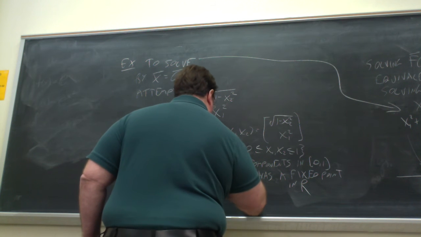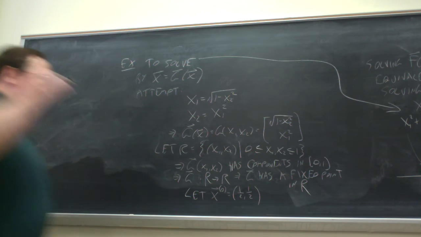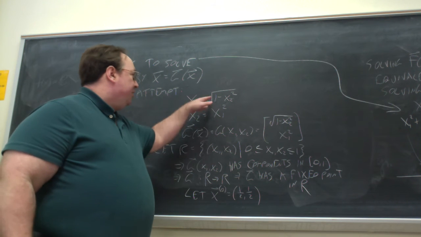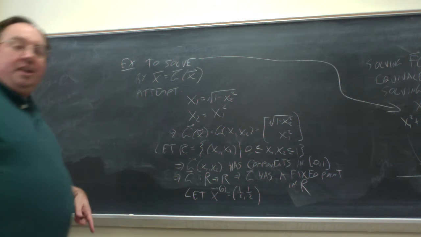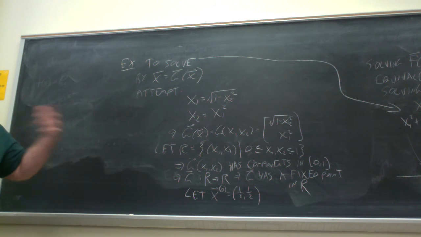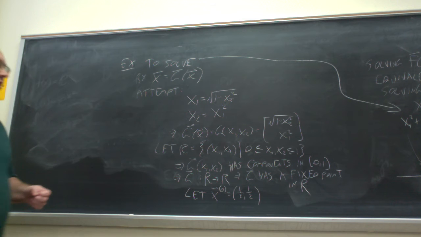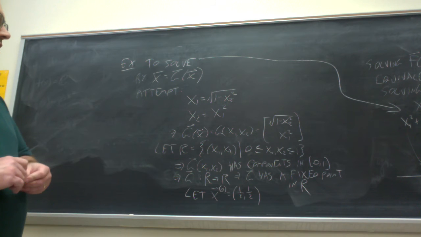I'll pick the point 1/2, 1/2 for both components. So what I need to do is substitute this into my function g, take the result of that, substitute that into g, and so forth, and we'll see if it converges to a solution.